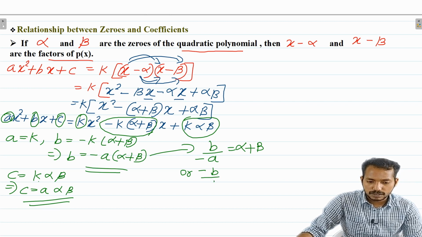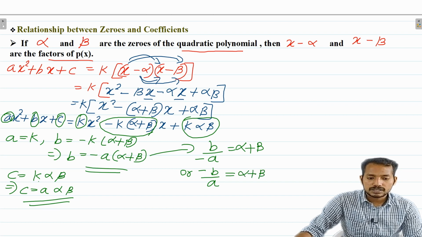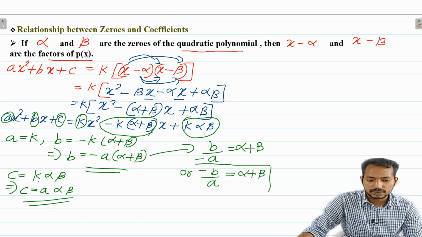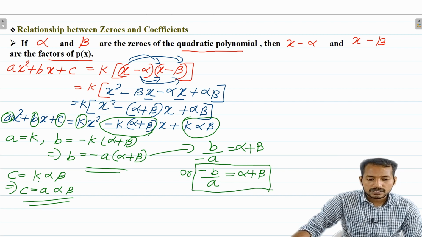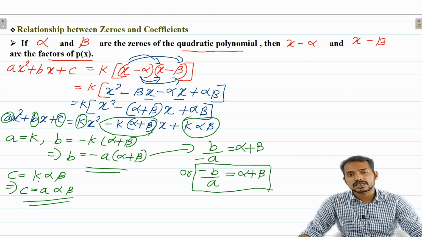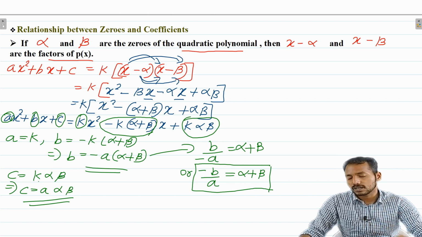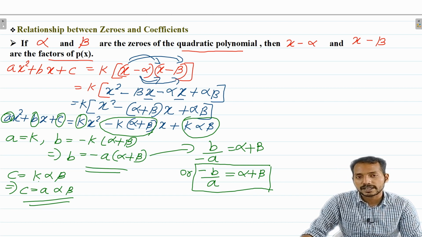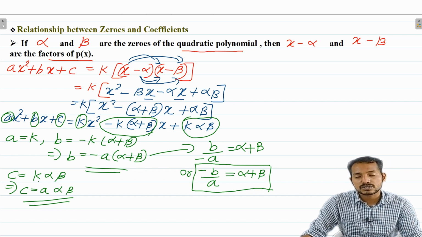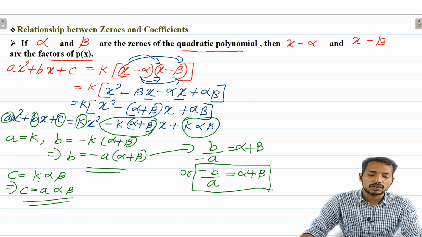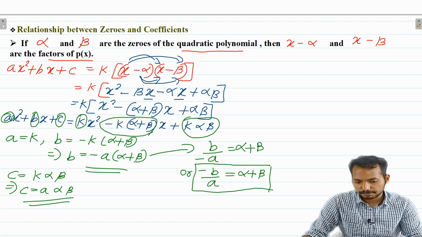So minus B by A is equal to alpha plus beta. This is the first relation we have, the sum of the zeros: alpha and beta are the two zeros. So the sum of the zeros is equal to minus B by A, that is minus of the coefficient of x divided by the coefficient of x square, that is A.